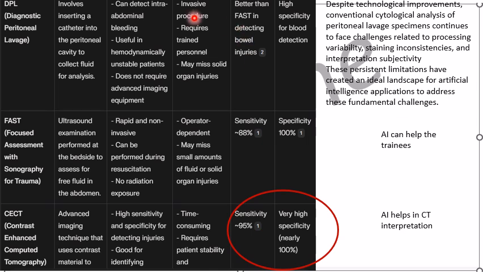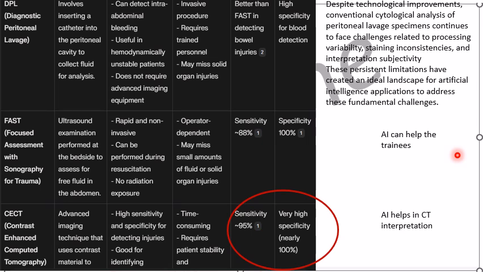So you can do a DPL, a FAST and a CECT. Out of these, the CECT will have high sensitivity and specificity. Now what I want to tell you is there is a buffet of diagnostic procedures. If your clinical suspicion is high, don't stop with one. Go for the other also.